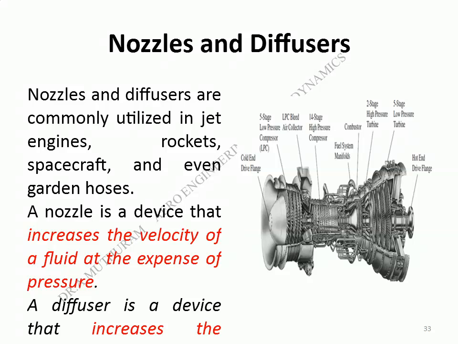Nozzles and diffusers. Nozzles and diffusers are commonly utilized in jet engines, rockets, spacecraft, and even garden hoses. The nozzle is a device that increases the velocity of a fluid at the expense of pressure. The diffuser is a device that increases the pressure of a fluid by slowing it down.